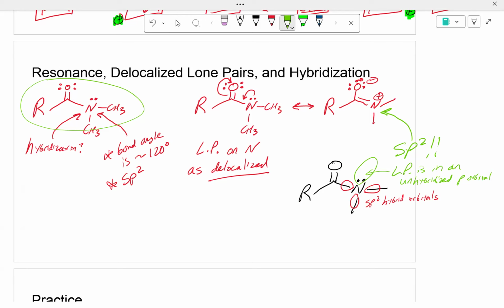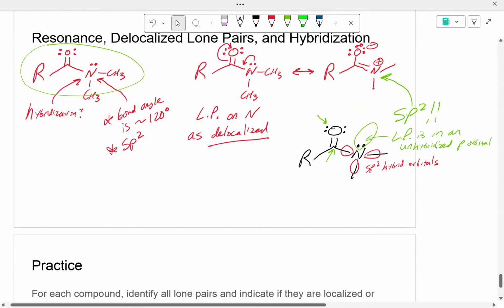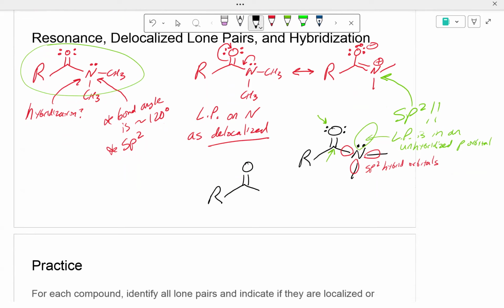Now, what do you see right next to that nitrogen, right next to that lone pair? Well, you've got another sp2 hybridized atom, and then you have a third sp2 hybridized atom right there with that oxygen. What happens when you have three atoms right next to each other? Each of them has an unhybridized p orbital. Well, I'm going to redraw this one more time. I'm just going to look at the unhybridized p orbitals.